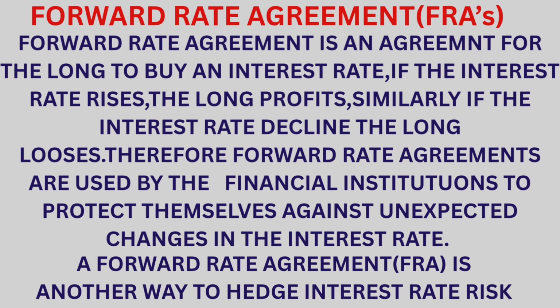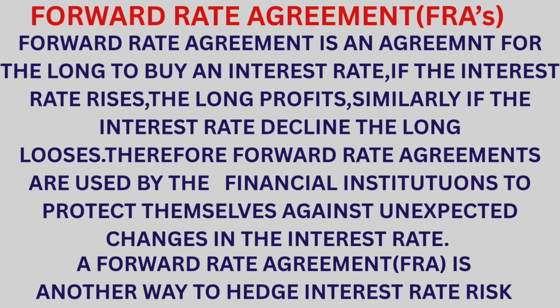So in future, if the interest rate goes up, the long will be in a profit position. The long will earn profits. If in future the interest rate declines, the long will be in loss.